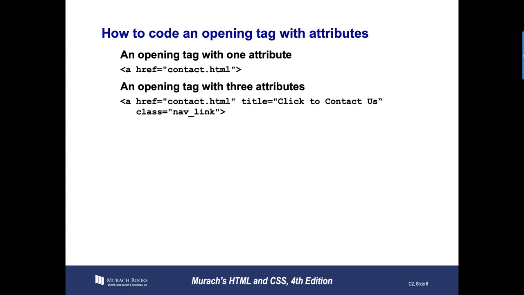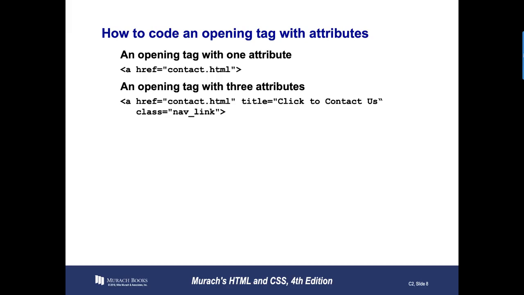So how to code an opening tag with attributes. Attributes are additional things that get added to tags to help provide more information. For example, the opening tag here, this anchor tag, has one attribute, href, which contains information as to where the browser should go if a user clicks on the text that follows that anchor tag.